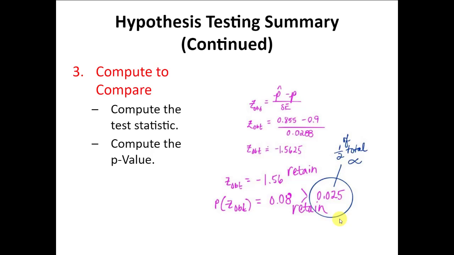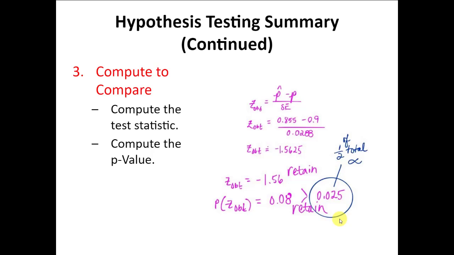We also look to see what is the probability of obtaining a z-score that is less than negative 1.56. That probability is 8%. Since 8% is more than half of our total alpha, in other words, since 8% is more than 2.5%, that is also an indication that we should retain the null of no difference.